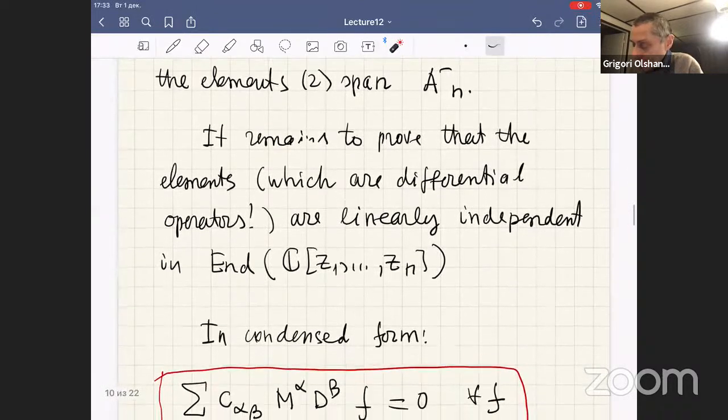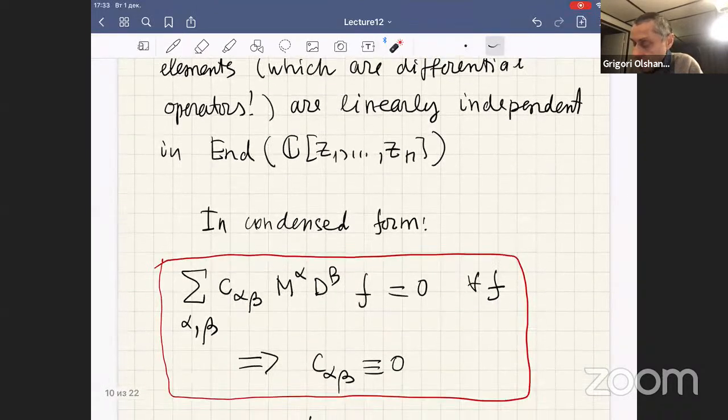If we have some linear relation of such a type with certain complex coefficients, some finite linear combination, and if, being applied to an arbitrary polynomial f, you get 0 for any polynomial f, this is only possible if all the coefficients are equal to 0.